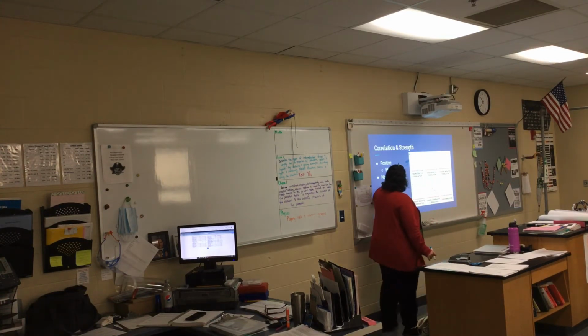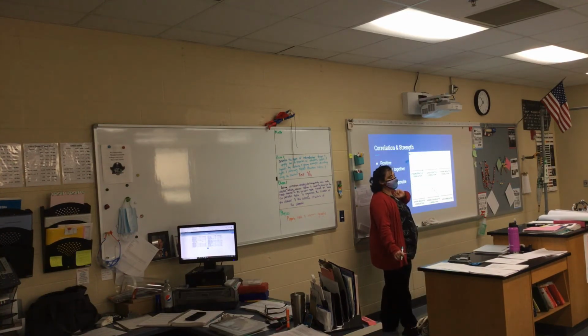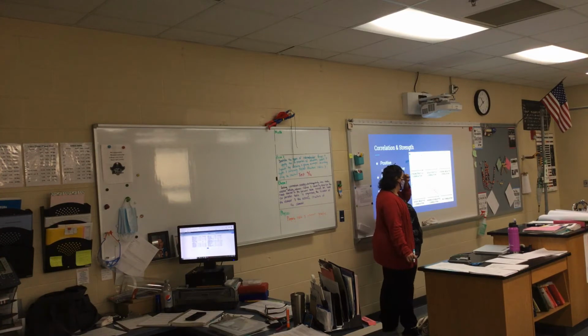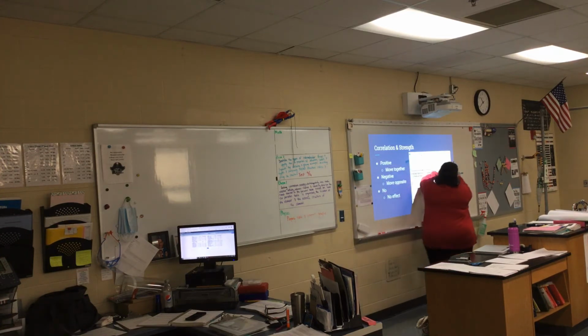When we have a negative correlation, our variables move opposite of each other. So if we look at this line up here, when my horizontal variable is really high, see how it's way out here at this point? My vertical variable is low.